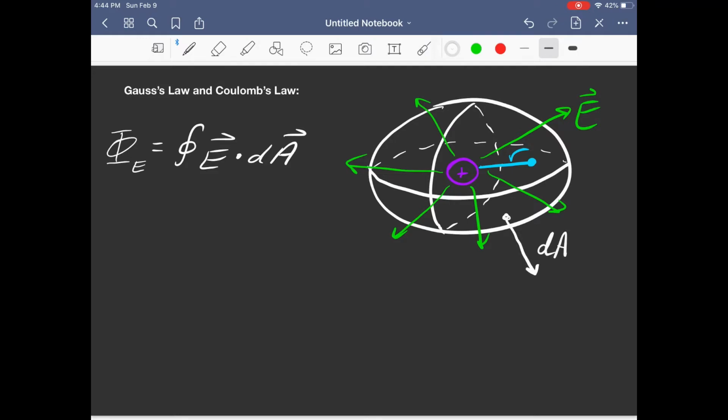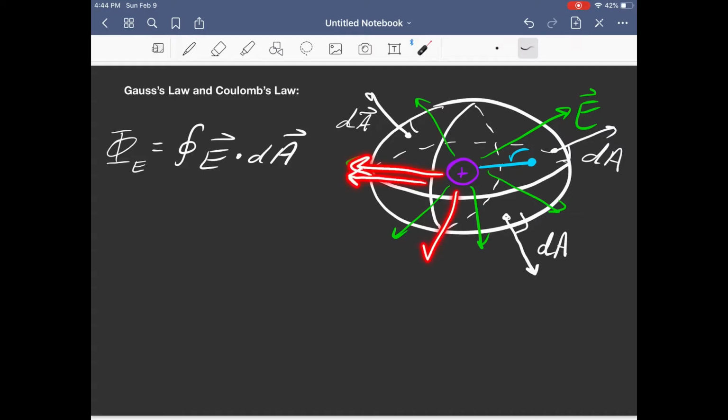Any area vector must be perpendicular to the Gaussian surface it's coming off of. So we can go around this sphere, pick any point, and the area vector is just some perpendicular vector pointing outward. And in this case, you will see that the electric field will be parallel and propagating in the same direction as the area vector, anywhere we look on this sphere.